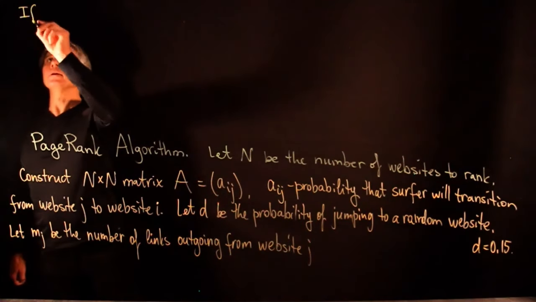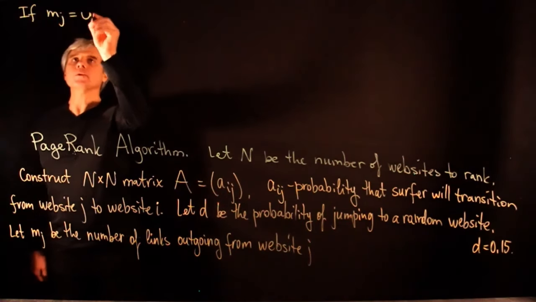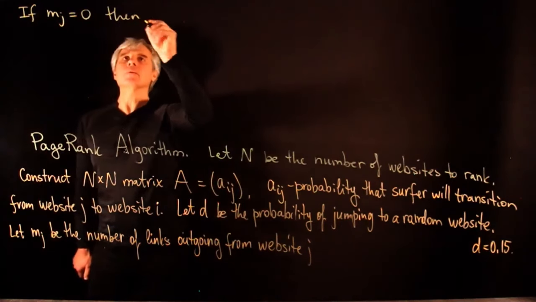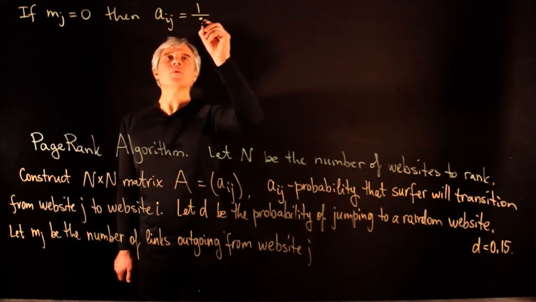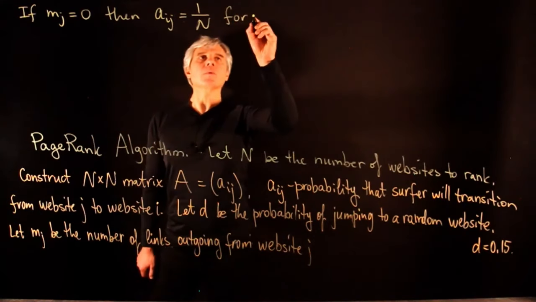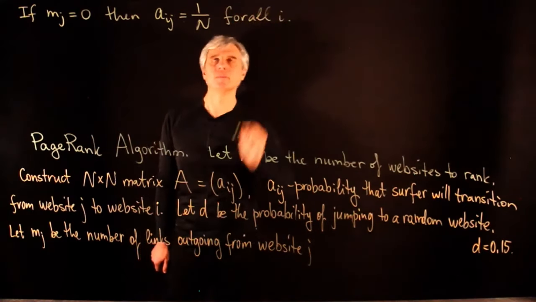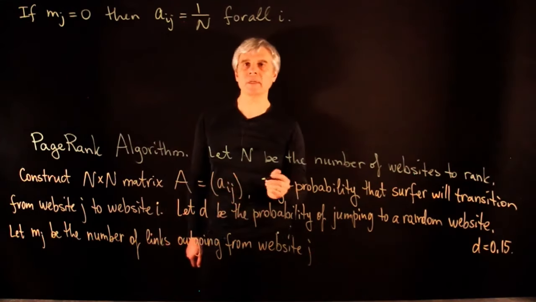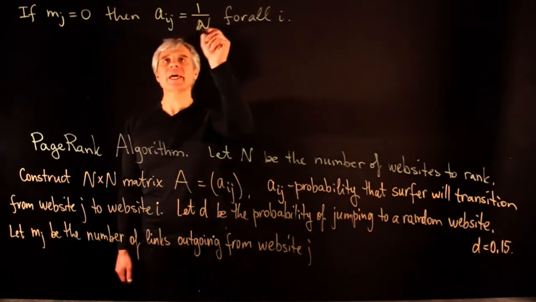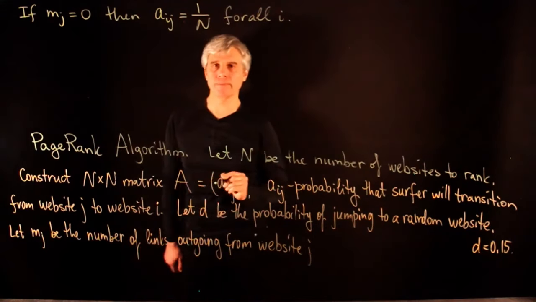If m_j is equal to 0, then we choose a_ij to be 1 over n for all i. This means that if the website j has no outgoing links, then we jump at random to any other possible web page.